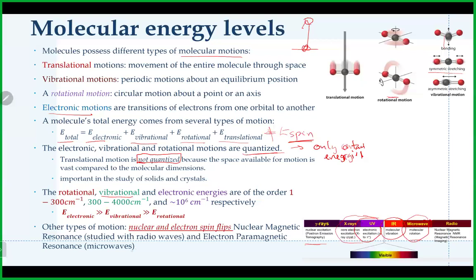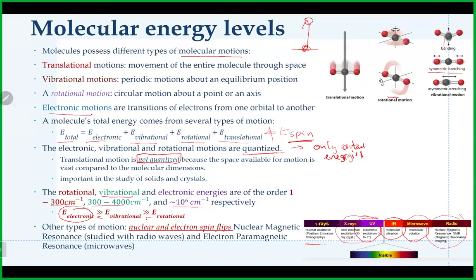Then, if we look at this, the energy in those regions is of this order that I highlighted here. If we look critically, we can see that electronic energies are much higher than the vibrational energies, which are in turn much higher than the rotational energies.